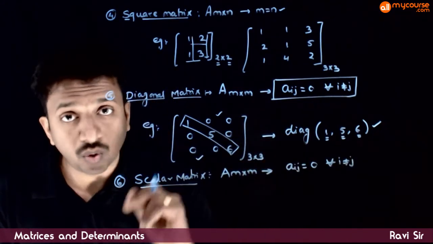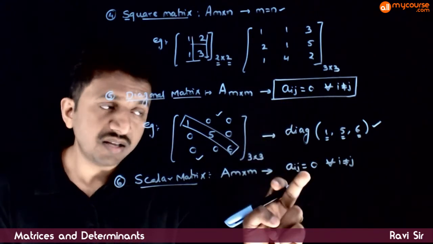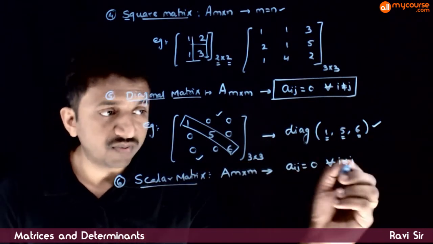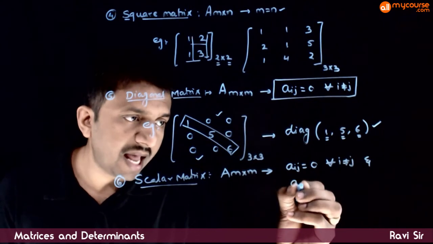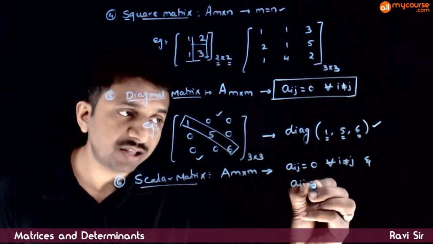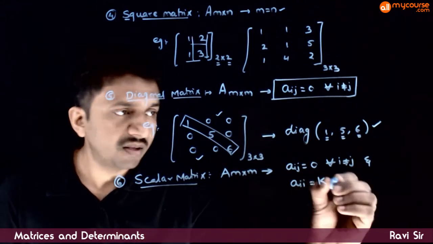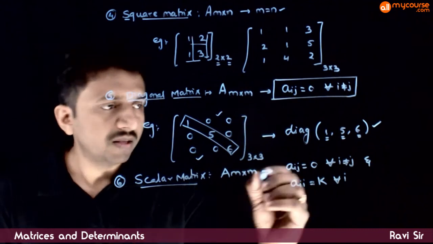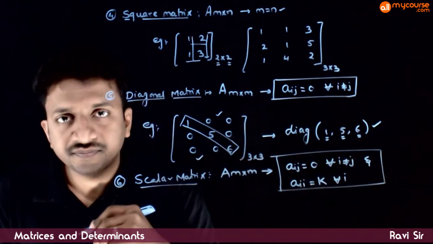That is one condition that needs to be satisfied. Aij is equal to 0 for all i not equal to j. This is one condition. And Aii has to be equal to a particular constant for all possible values of i. So these are the two conditions which need to be satisfied.